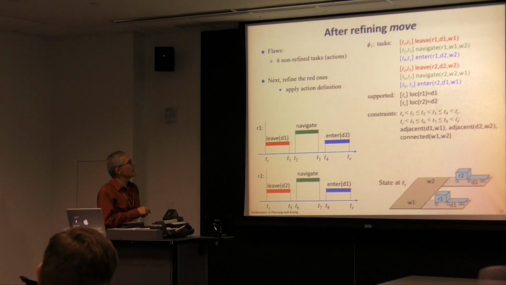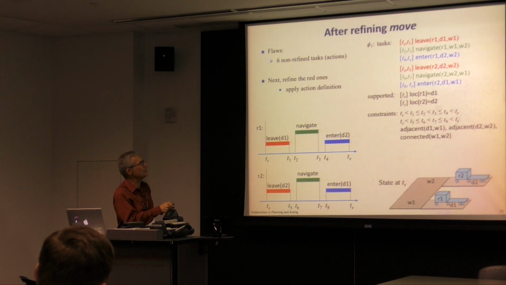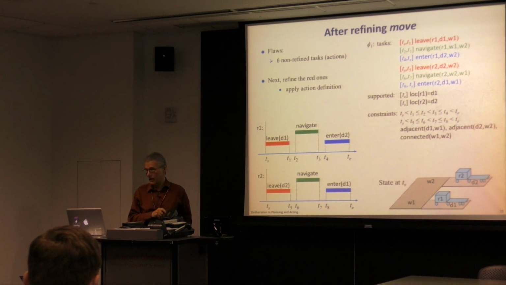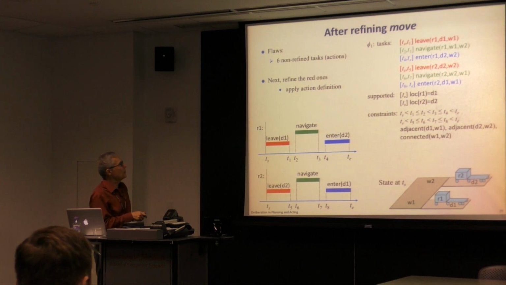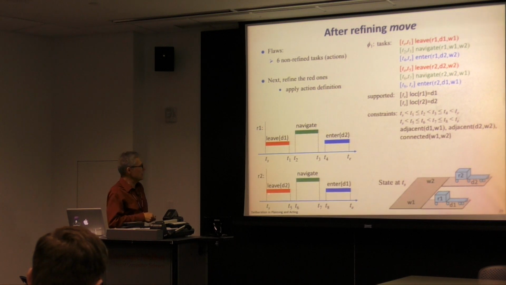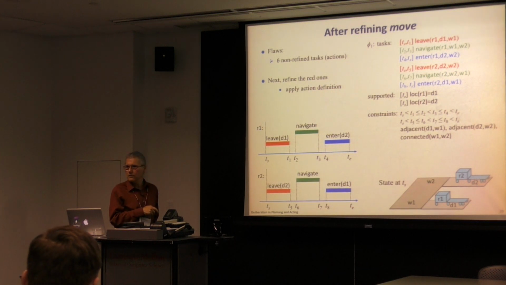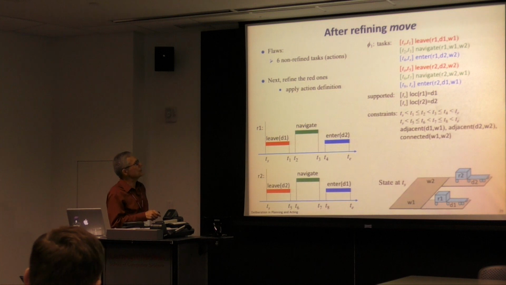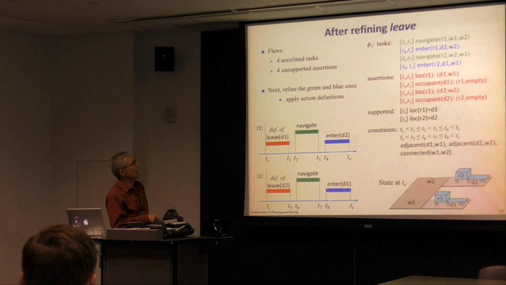Okay? Well, now we have a bunch more flaws. We resolved 2, but this introduced 6 flaws because each one of these is a non-refined task. So we need to take care of them. Each one of these actually is an action. Remember, an action sort of goes into this task list as well. And so we're going to resolve these leave ones by applying the action definition. The action definition for leave does that.